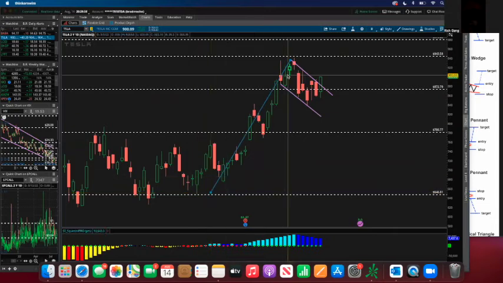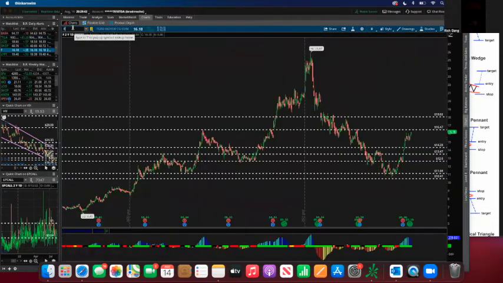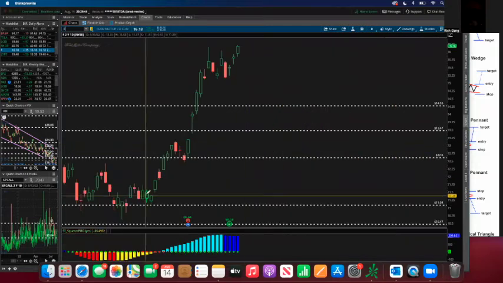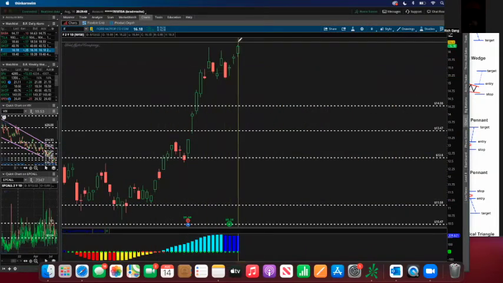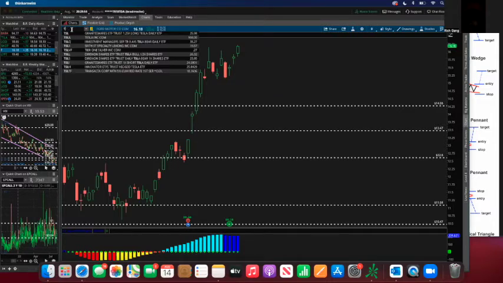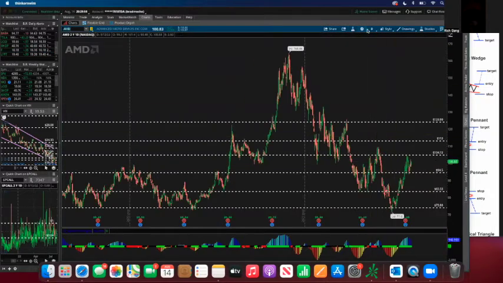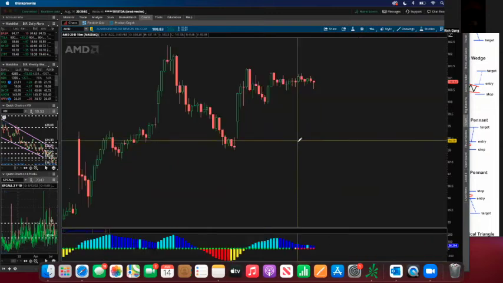It's basically an impulse move up. It doesn't need to look perfect all the time. I can show you another one. Here's F. Price has an impulsive move up, consolidates for a while, breaks out. Same concept. Here's another one that happened before close on AMD that I remember seeing.